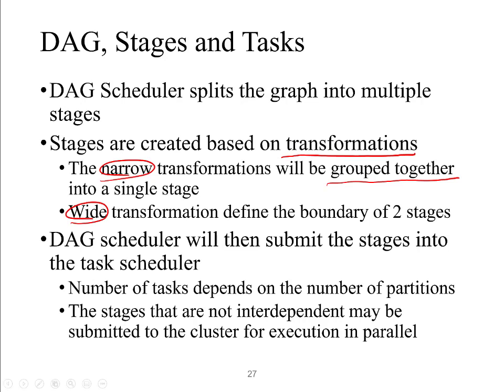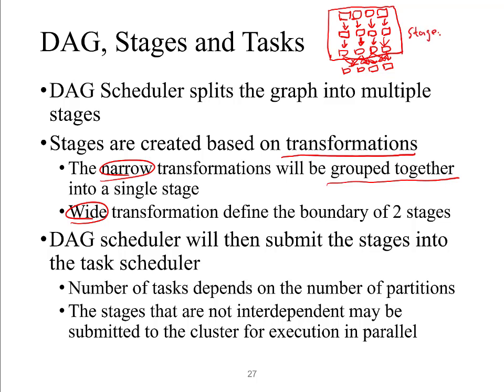Now here, if we have some data after a narrow transformation, and they may go through some data shuffling, then we say this part is one stage.